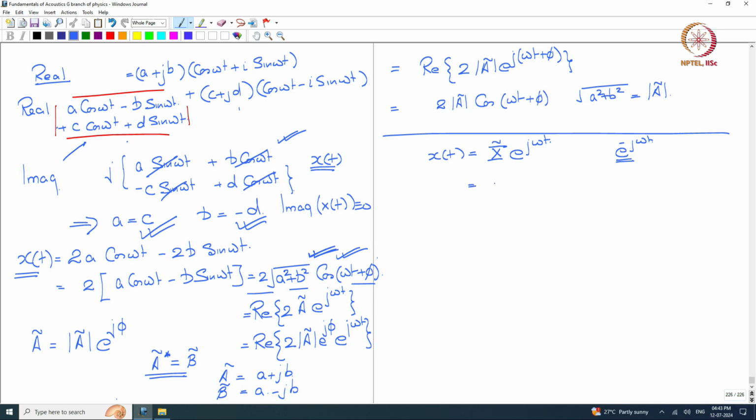If I write x tilde as magnitude of a complex number e to the power j psi, let us say, times e to the power of j omega t, this is again magnitude e to the power of j omega t plus psi.